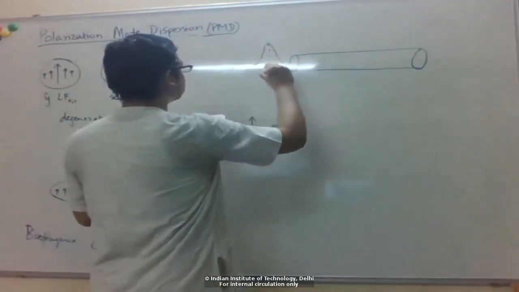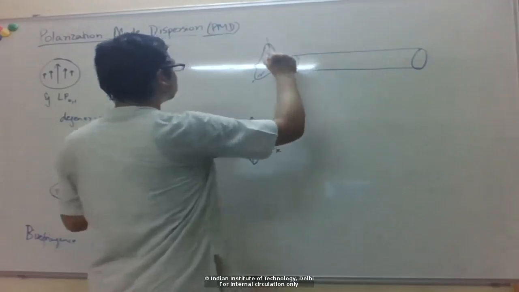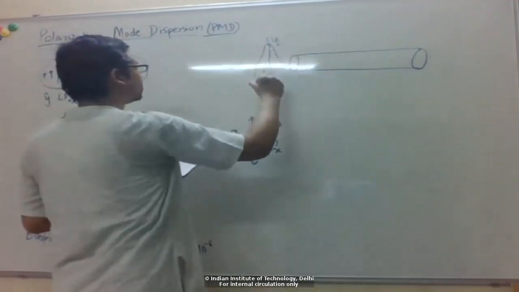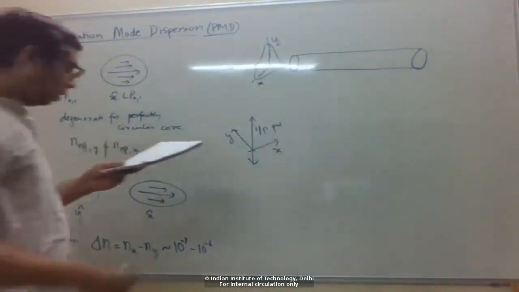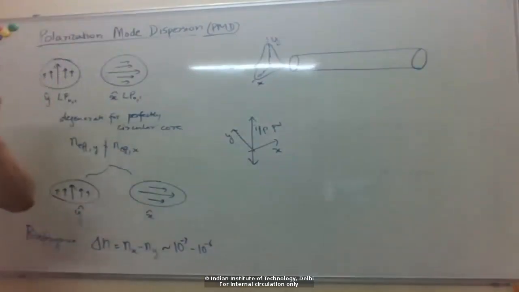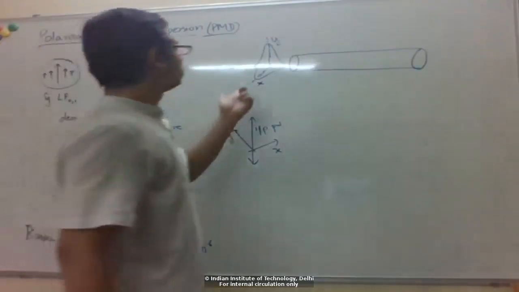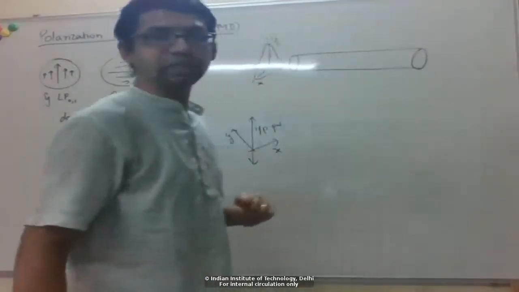So if I have a pulse, it has some power along both this Y and X. And now they have slightly different indices. So you can imagine that the power in these two components will now travel at slightly different velocities.